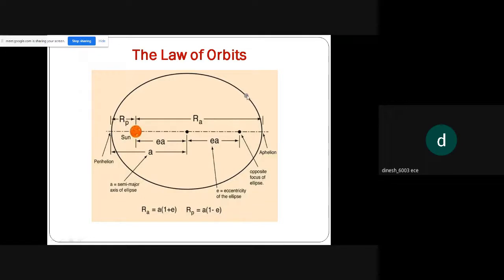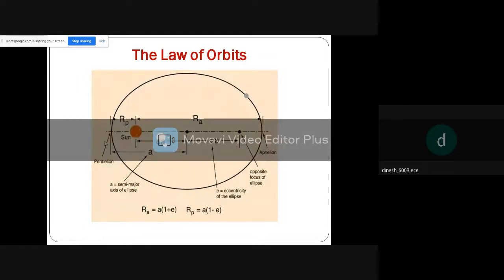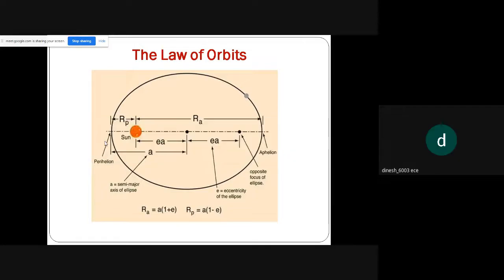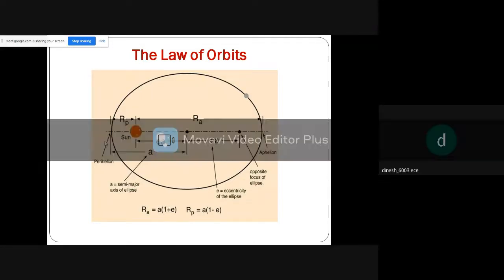From the center the planet's revolution takes the shortest path, and from the center it takes the longest path. From the longest path to the center is called the semi-major axis of the ellipse, A. When the planet revolves around the sun, the sun is obviously present inside.